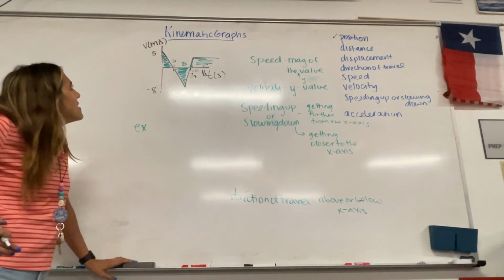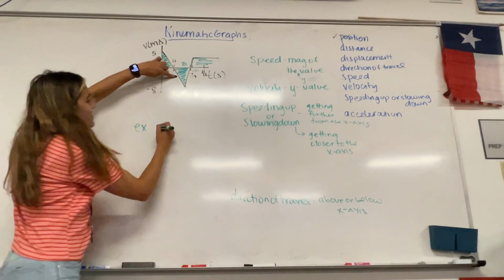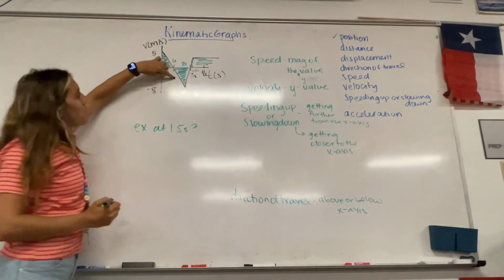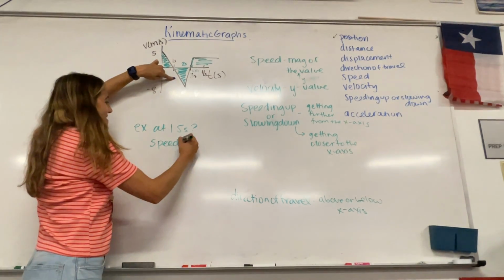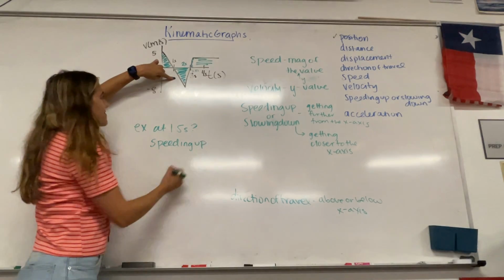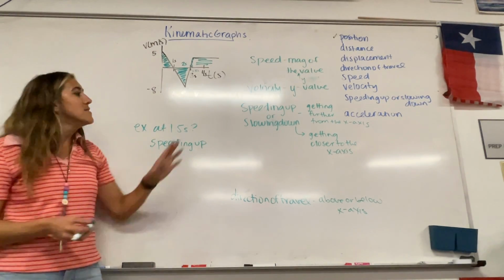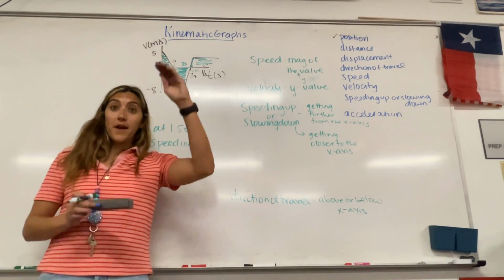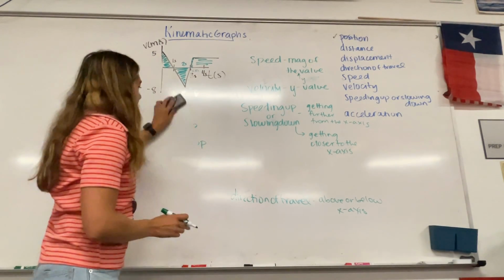Let's see. At 1.5. At 1.5 seconds, I am speeding up. I am going away from the x-axis. Ooh, that was a rough one to find an example of. Bad graph. Okay, going away from or towards. Remember, throw out all the position nonsense. It's gone.